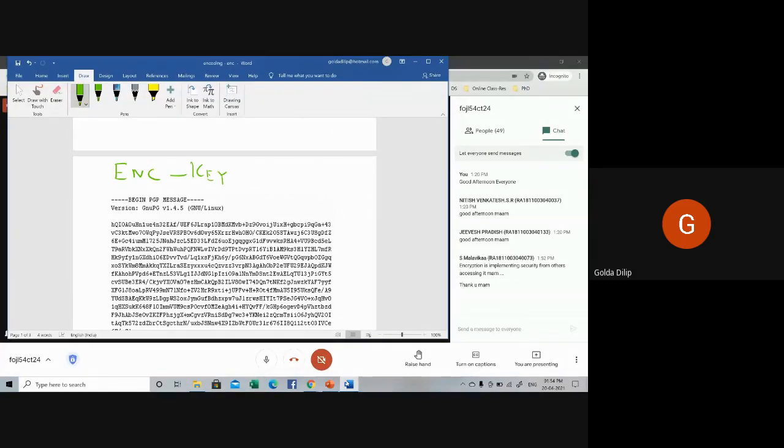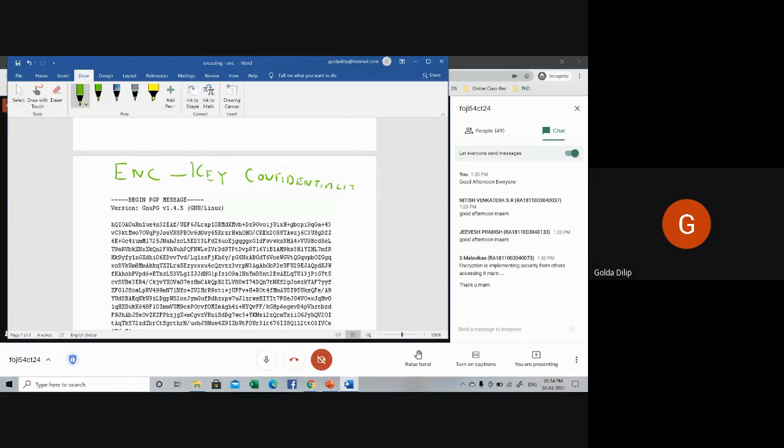For encryption there are various algorithms, though that is not within the purview of your syllabus. In encryption we have AES, RSA, Blowfish, and many other algorithms. That's the purpose of encryption: confidentiality through encryption.